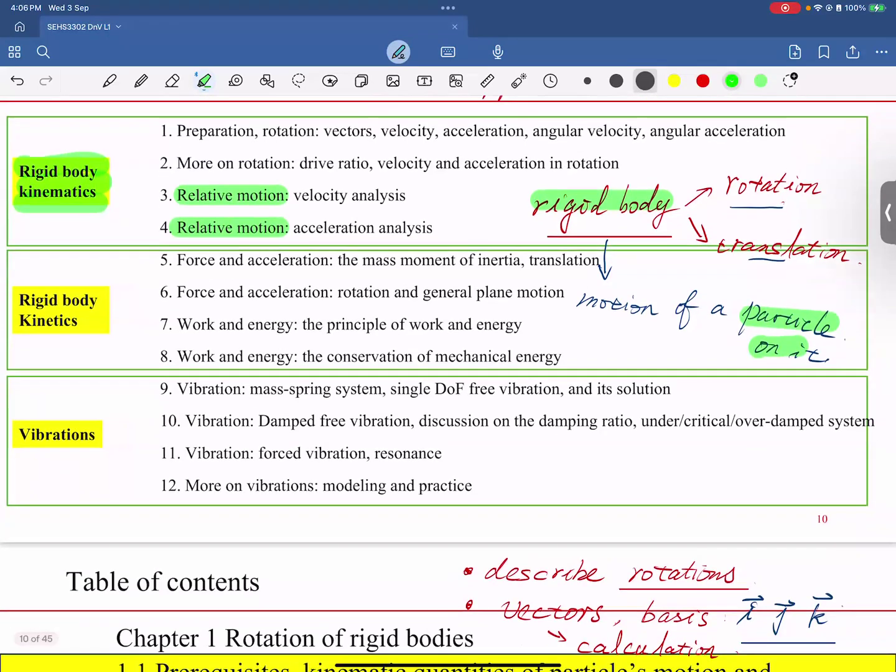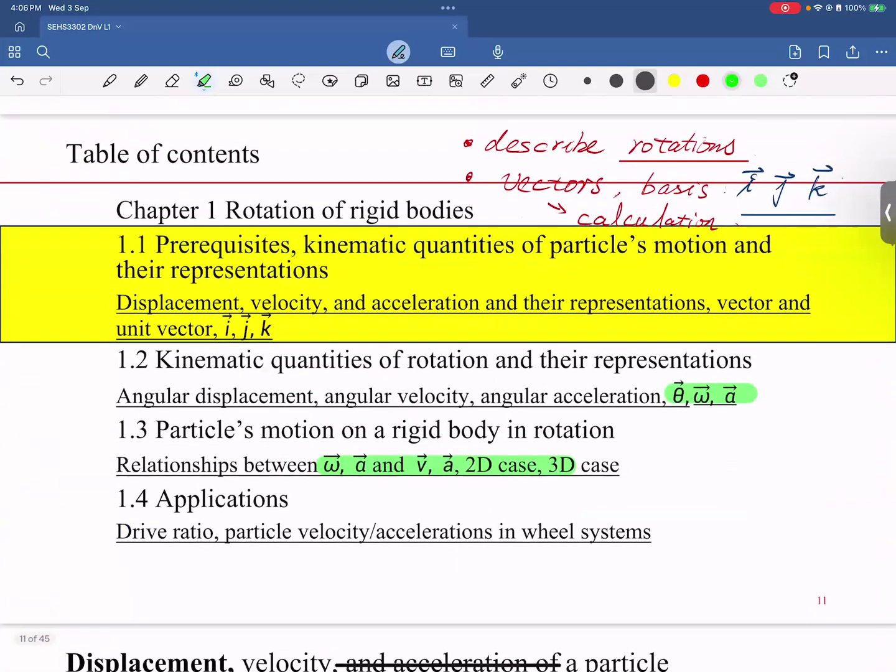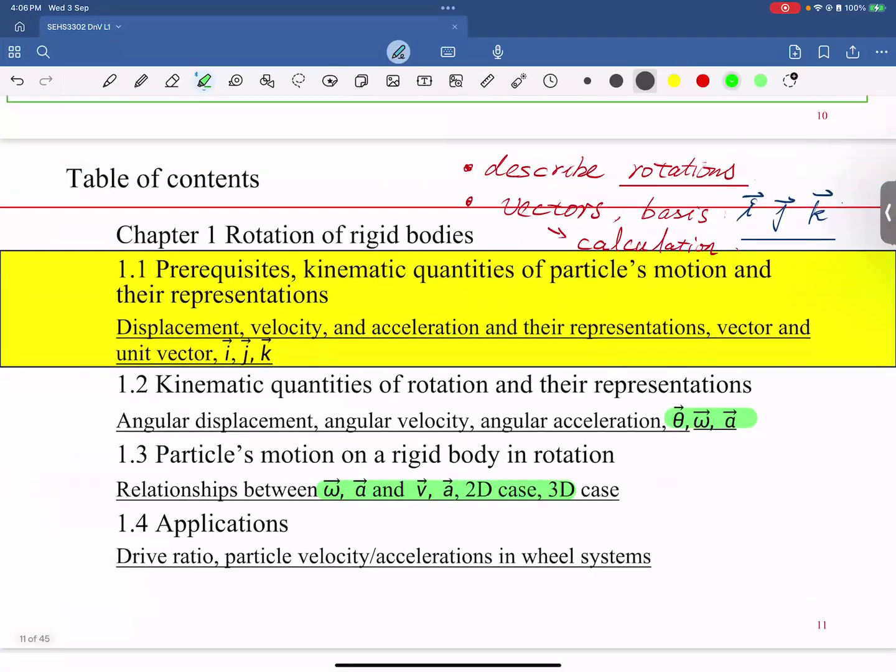Okay, we start from kinematics, 运动学。那讲运动呢，那就是从这一个 chapter 开始。Okay. So we talk about some prerequisites as highlighted here, and kinematic quantities of particle motion and their representation.